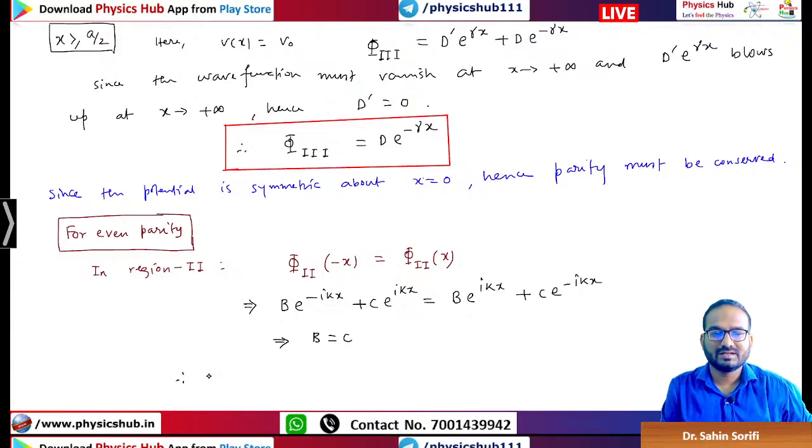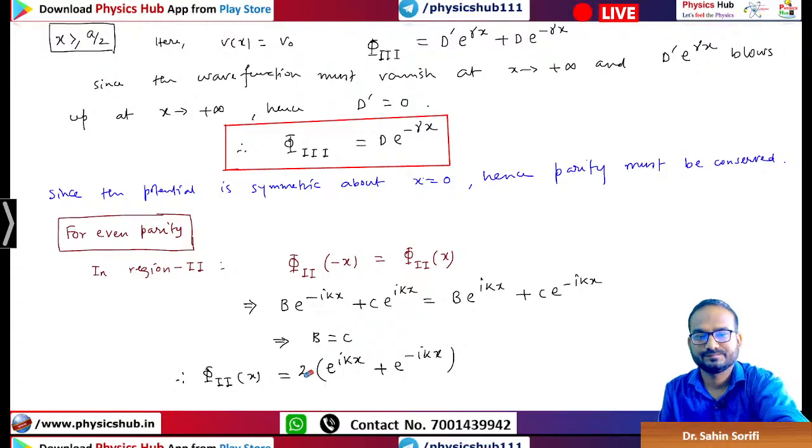So now the wave function in region 2 becomes e to the power ikx. You will understand the reason why we are not keeping it in terms of sin and cos. Because B and C become equal, we can write it in this way, so it becomes 2B, with B taken common.